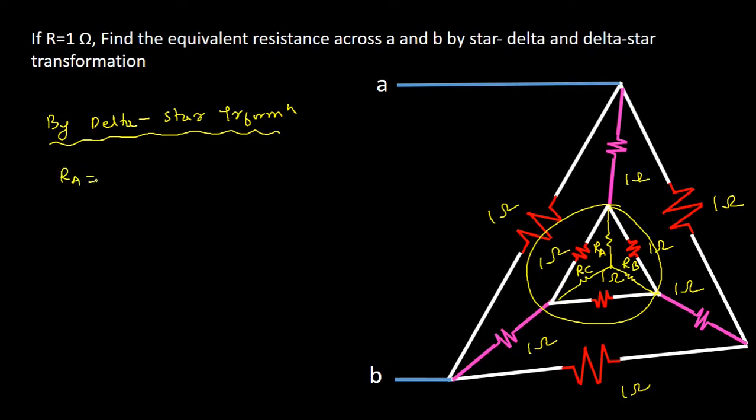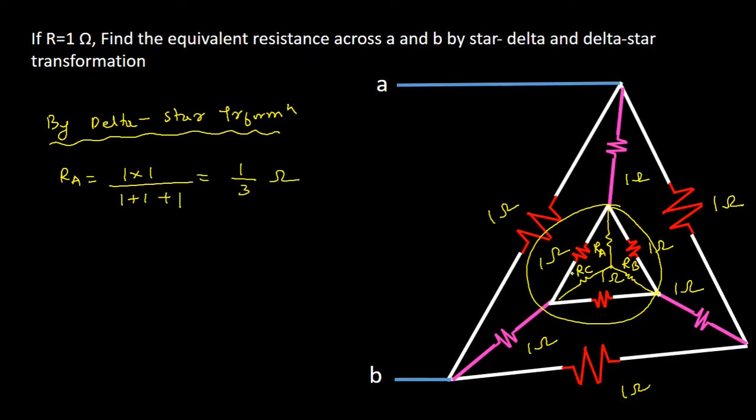RA will be equal to multiplication of the opposite resistances to RA which is present in the delta network. So opposite to RA, two resistances are there, 1 ohm and 1 ohm. So we multiply 1 into 1 divided by sum of all the resistances present in the delta network, that means 1 plus 1 plus 1, which is equal to 1 by 3 ohm.